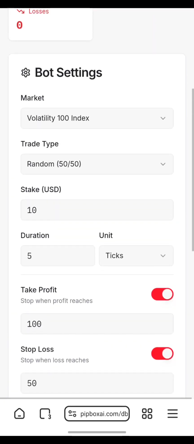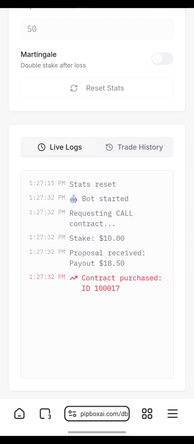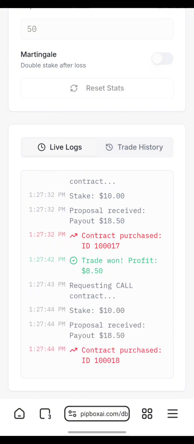That is when you can execute another trade. Without doing that, you won't be able to execute a trade. So let's go ahead and start the bot again. You see now the stats have been reset and the bot has started, and our trade is now being executed, as you guys can see. Let's just wait, and that was a win, a profit of 8.50 USD.